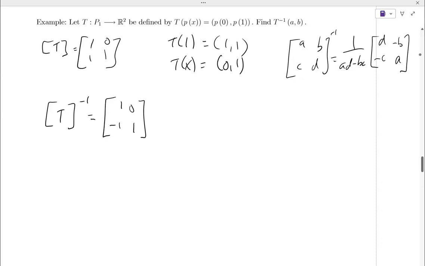Remember the formula we had with the adjoint? 1 over the determinant times the adjoint? That's what that is. In this case, the determinant is just 1. Flipping the main diagonal, I still see 1s. So then we negate the off diagonal, and I just get a -1 down below. And again, the theorem is that the inverse of the matrix for T is the matrix for T inverse.